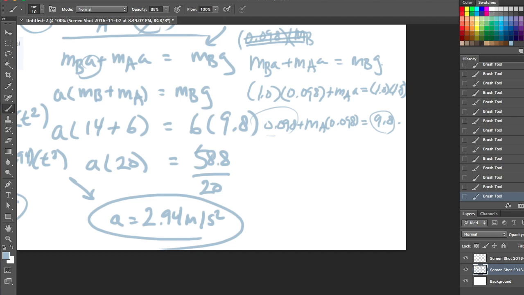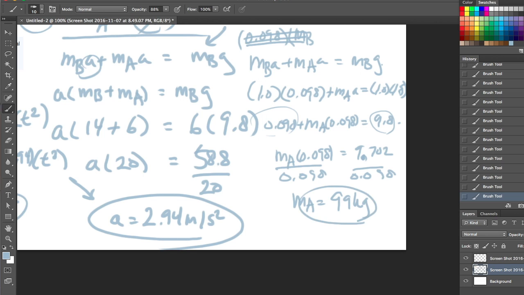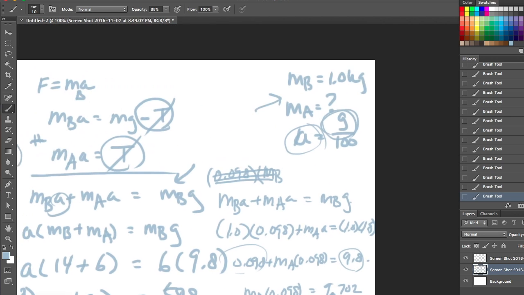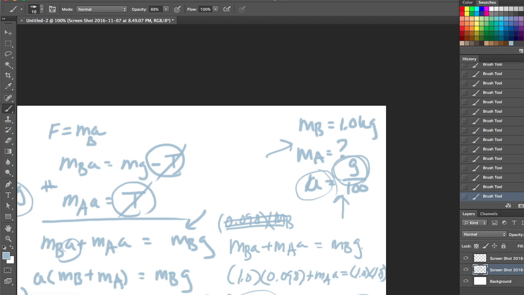So MA times 0.098 equals 9.702. We divide this by 0.098, and then we find MA to be 99 kilograms. This is the mass that MA has to be to keep the acceleration at g over 100.